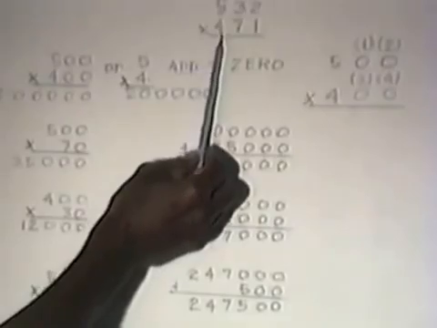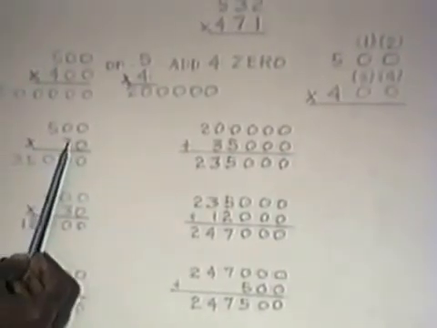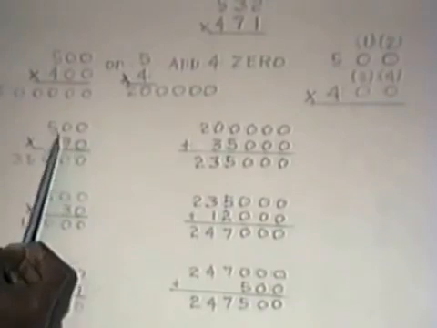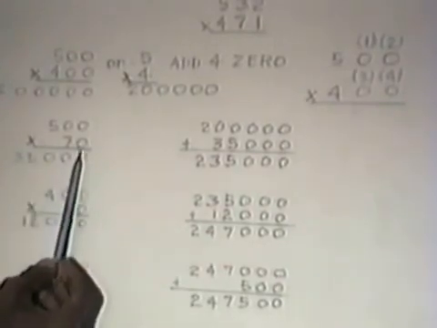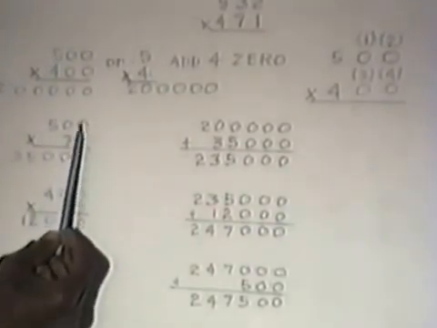Next, remember we had the number 471. We already multiplied the 400, now we're going to multiply 70 times 500. How do we do that? We multiply 7 times 5, which gives you 35, and add how many zeros? 1, 2, 3. 3 zeros.